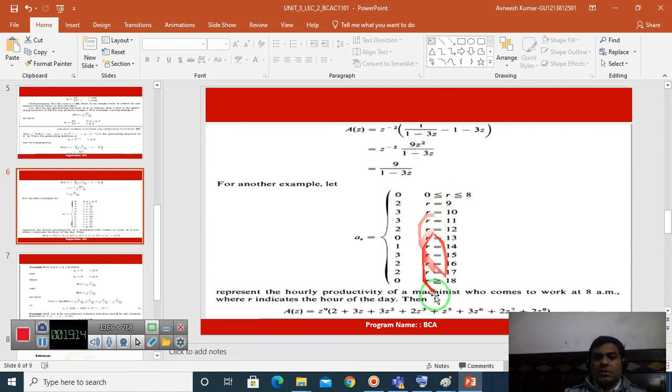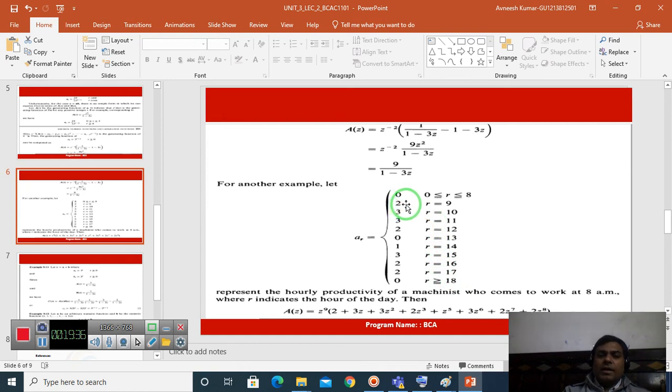So z to the power 9 is 2, z to the power 10 is 3, then 4, and so on.